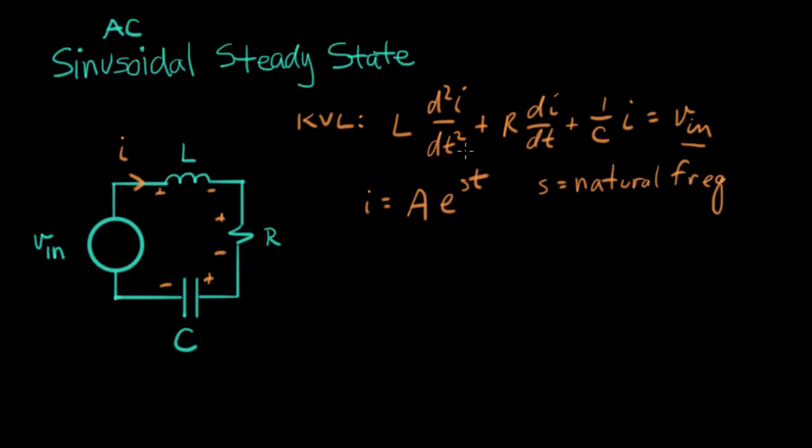The way to tell if I is a solution is to plug it into this equation here. After factoring out I, we ended up with Ls squared plus Rs plus 1 over C, and all of that is equal to, for the natural response, 0.